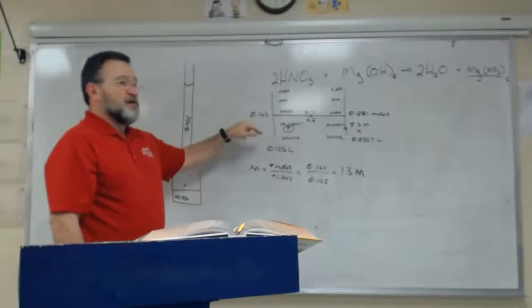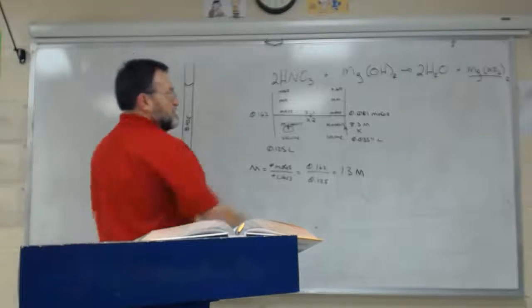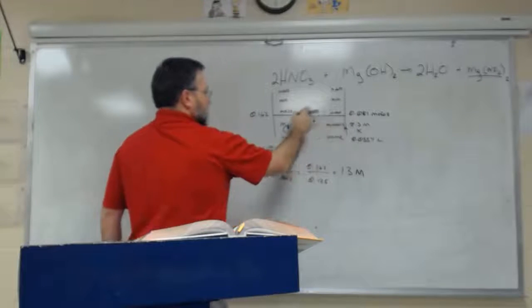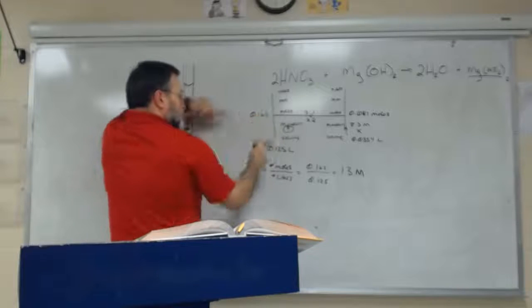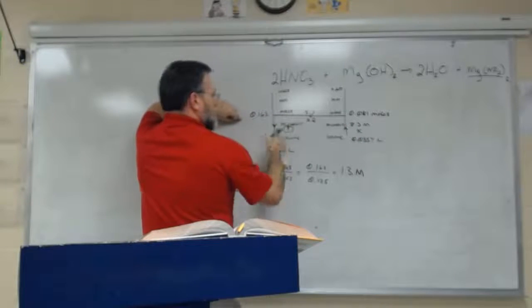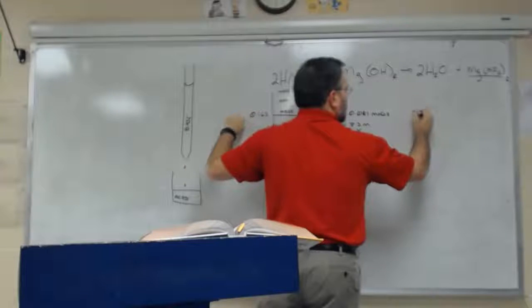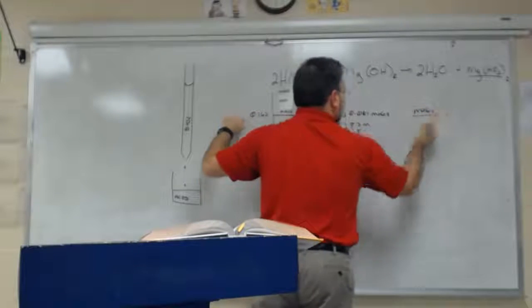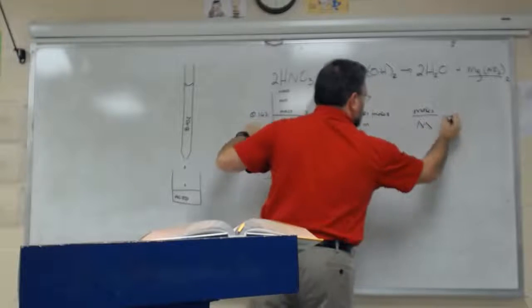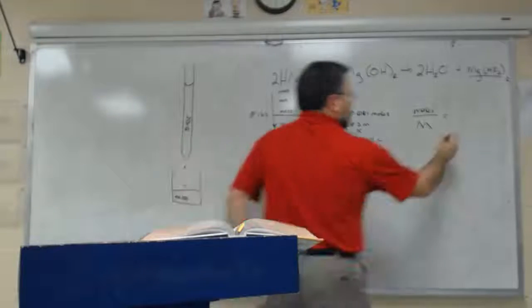Slightly out of order here because in our normal solution pathway we would have said volume times molarity is moles. Moles relates to moles. Moles, again, if we were just following this pathway, moles divided by molarity equals volume.